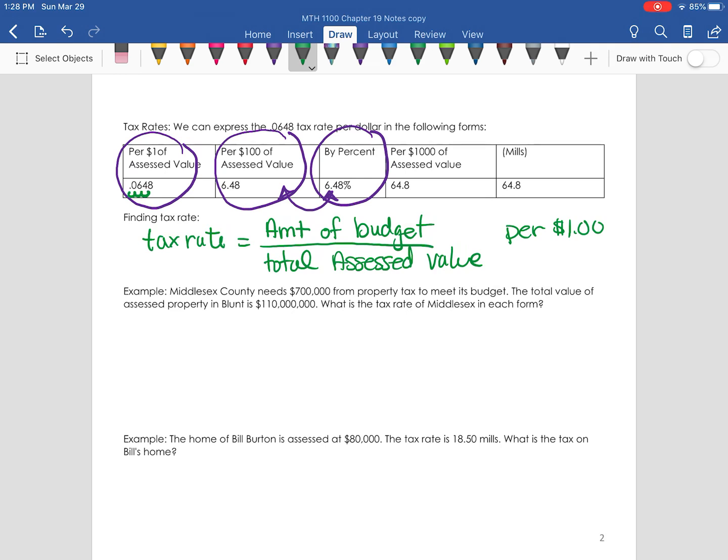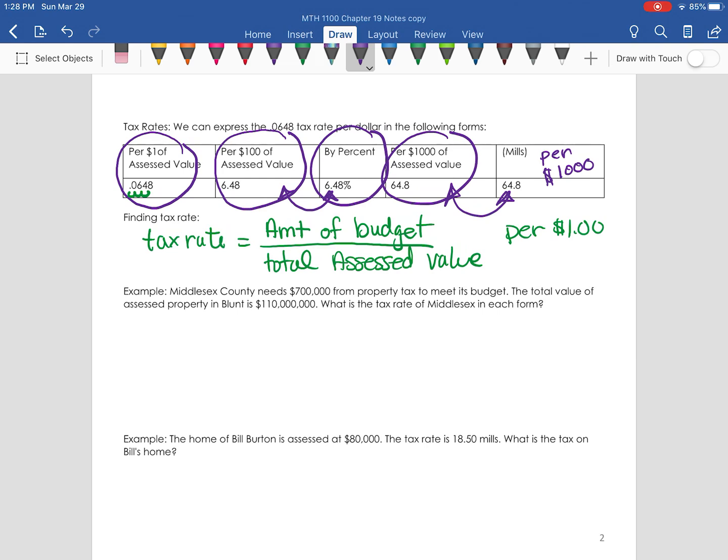We would move this decimal place over 3 places, and so we would write it as 64.8. So this would mean $64.80 for every $1,000 of the assessed value. And then mils is always going to be the same as per 1,000. That's what mils means, is per 1,000. It's just written in a different language.